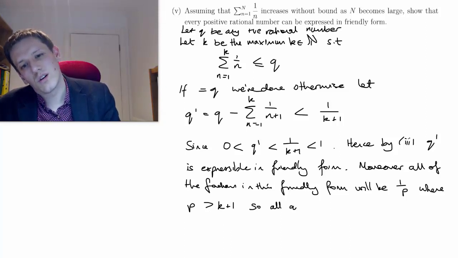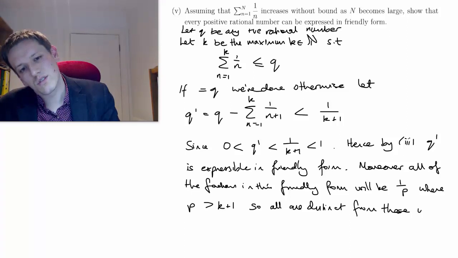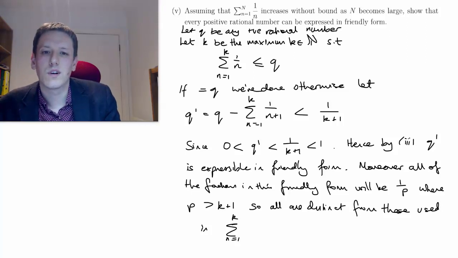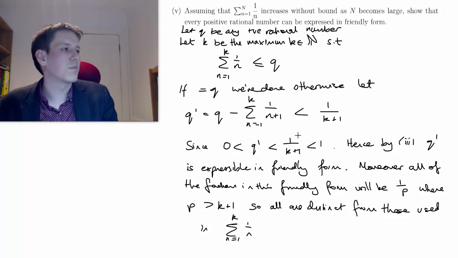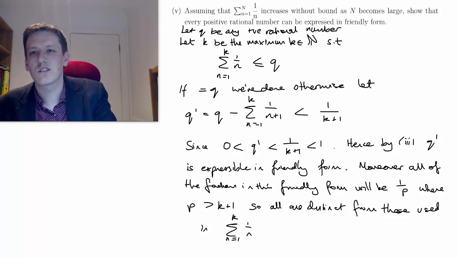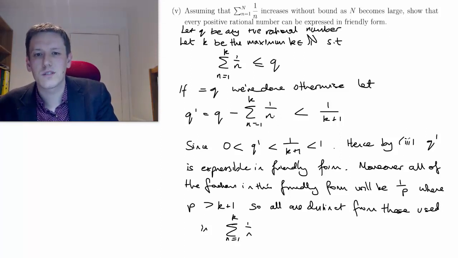So all are distinct from those used in the sum from n equals 1 to k of 1 over n. Oh, sorry, I put in a plus 1 here. I just realised in this fraction that shouldn't be there. Obviously, it should be 1 over n here. I was getting ahead of myself and just getting ready to write 1 over k plus 1, I think.